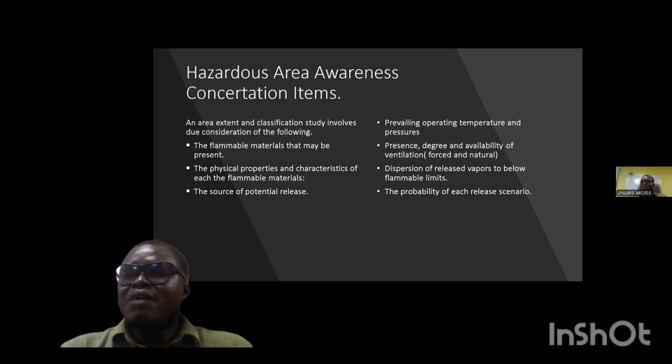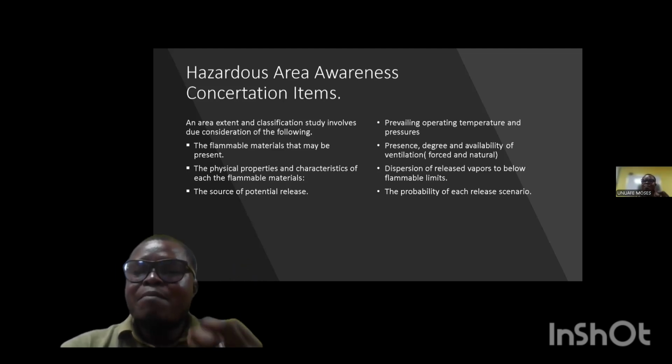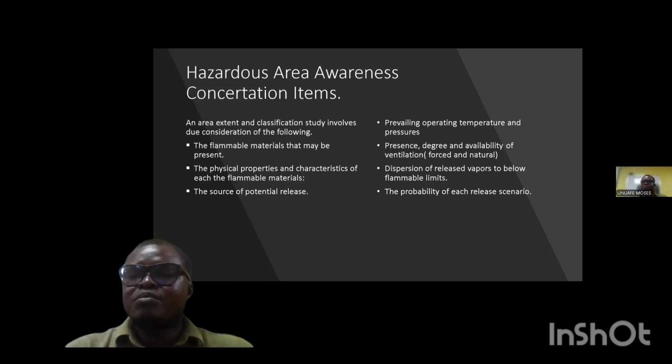This valve is therefore a source of potential release because it can emit a flammable vapor into the surrounding. Based on the frequency and the volume of the release, this area may be classified as zone 1. And if the release is infrequent and short-lived, then it will be classified as zone 2.